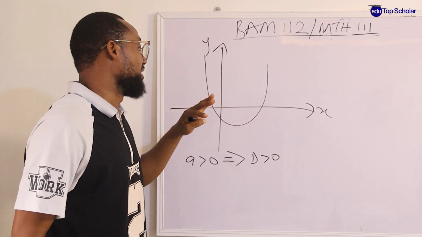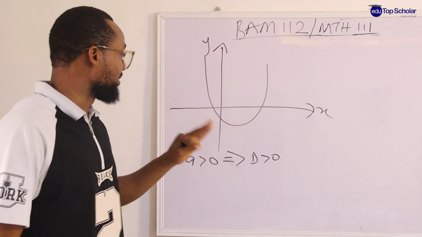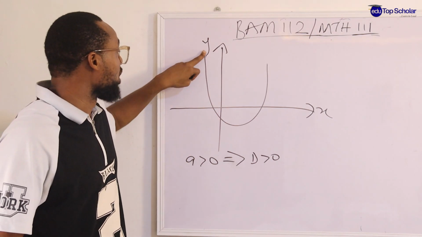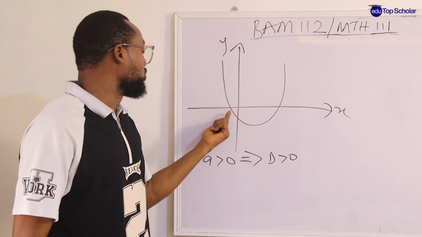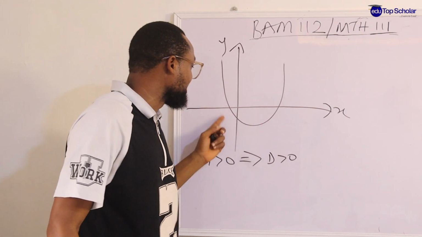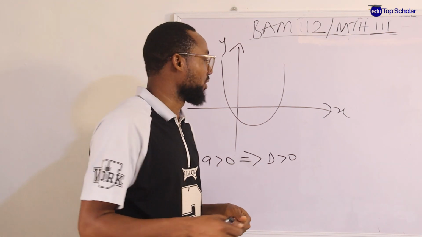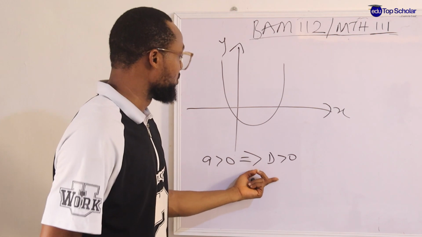That implies that if we are given any quadratic equation and we use the graph to solve it, the two points where our curve intercepts the x-axis will be our two roots, which implies that we have real roots here.